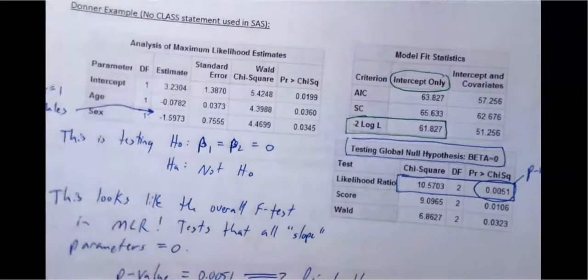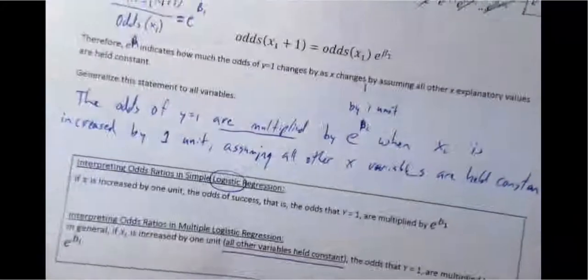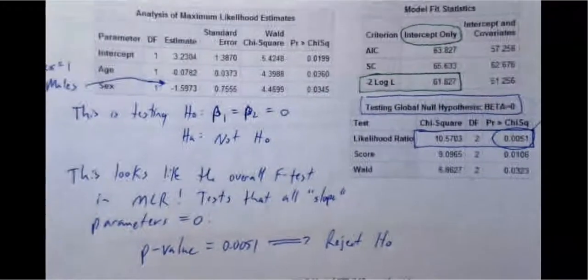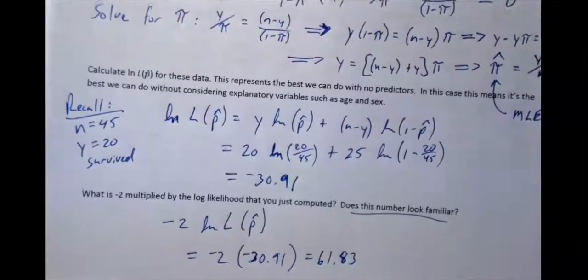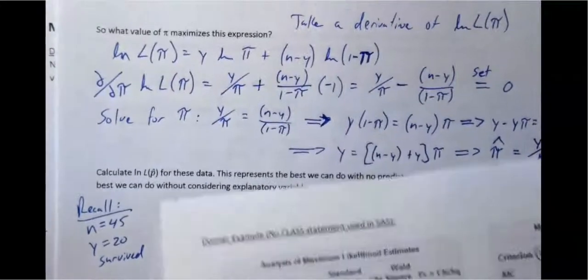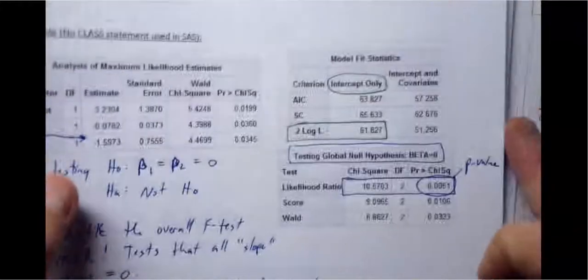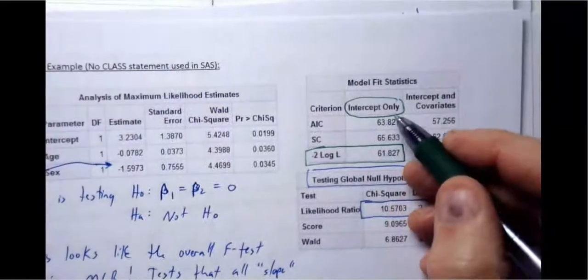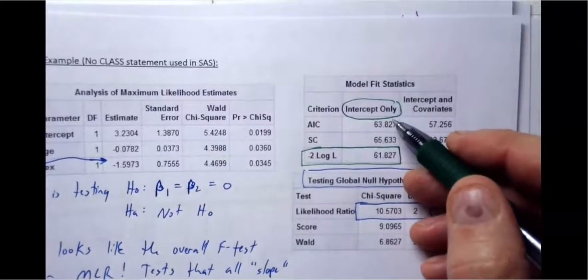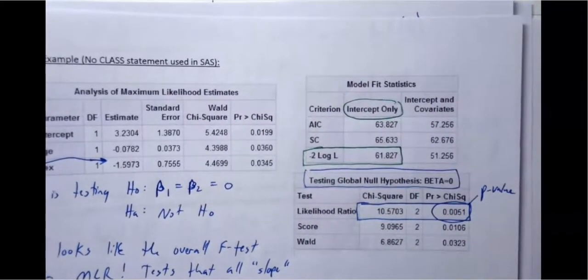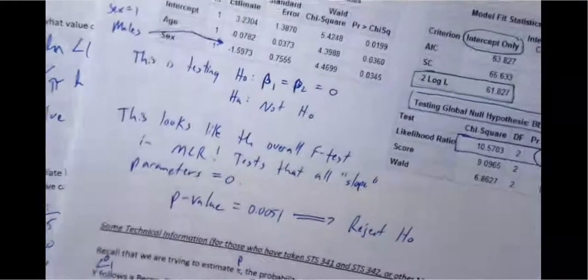You might have noticed that in my calculations here, I didn't consider any covariates at all. So this is equivalent to a model that includes the intercept only. If I were going to include the covariates in the model, it would be a little bit more complicated.